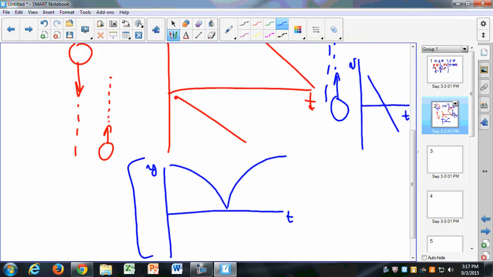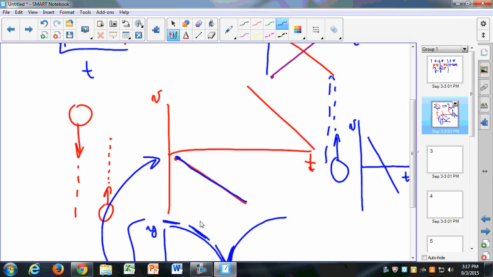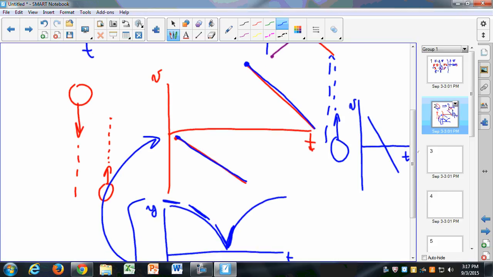Yeah, this graph corresponds to this graph, right? Because I have a small negative velocity. It gets bigger and bigger. That's tracking along here. And then I have a big positive velocity that gets smaller and smaller. Looking at the slope here. The students have a lot of trouble with this.